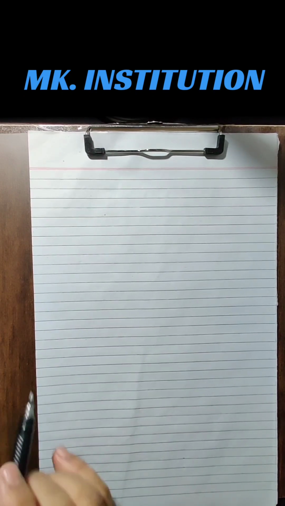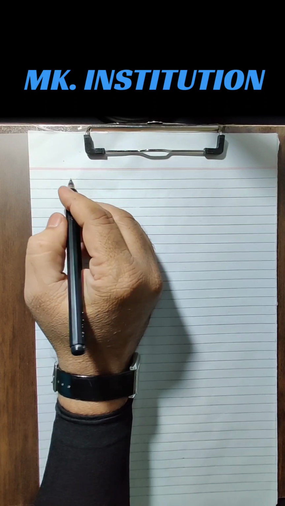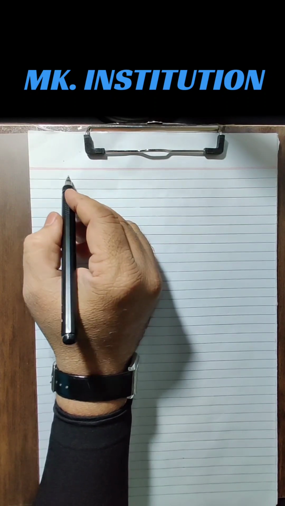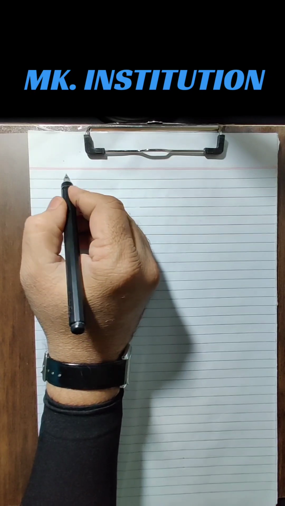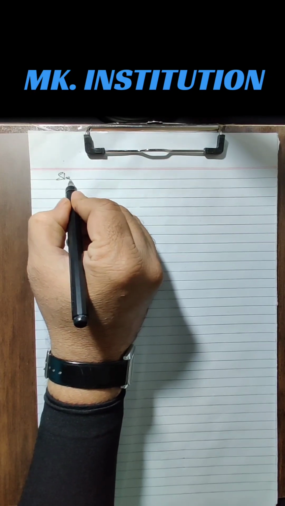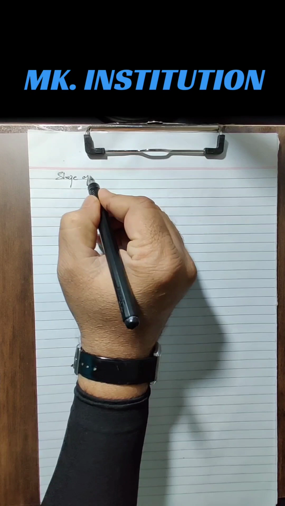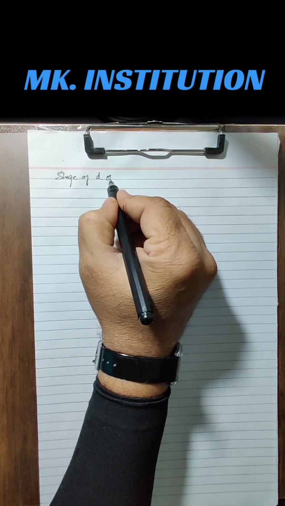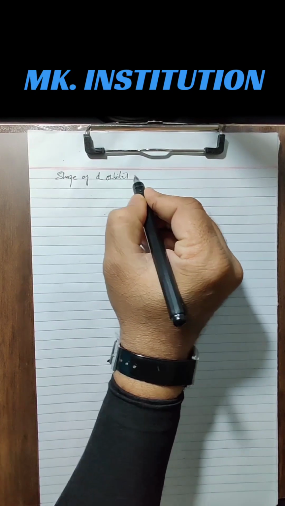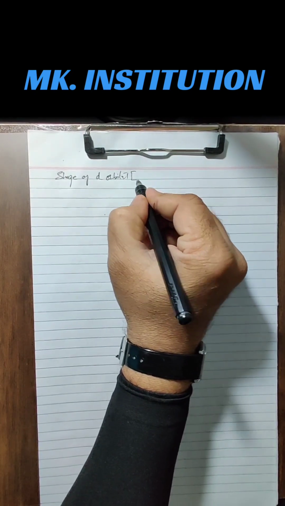Next one about the p orbital. sp is over. Now I'll show you the d orbital, the shape of the d orbital. What is the shape of the d orbital?